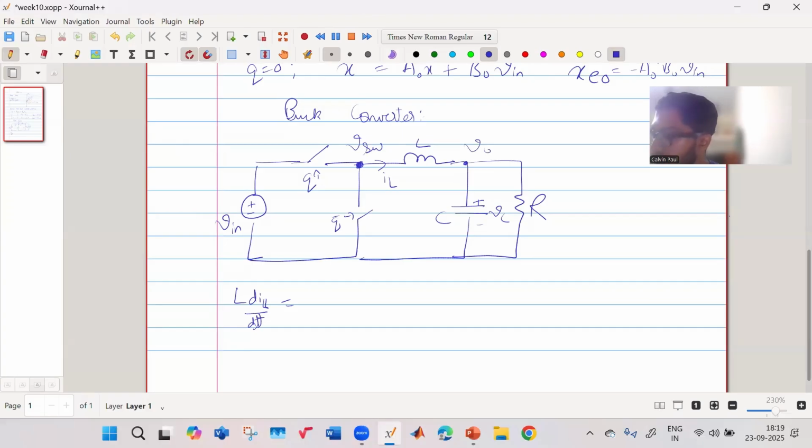When Q is 0, it is minus V0. So we will write it as Q into Vin minus V0. This is a simple notation. Here your Q1, Q0 both come into picture. Next, we will consider C dV0 dt.